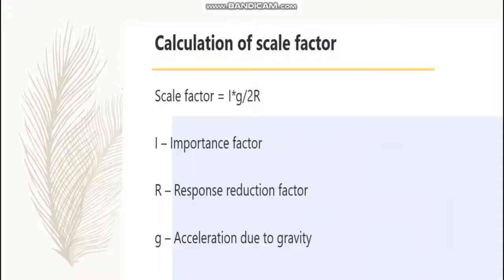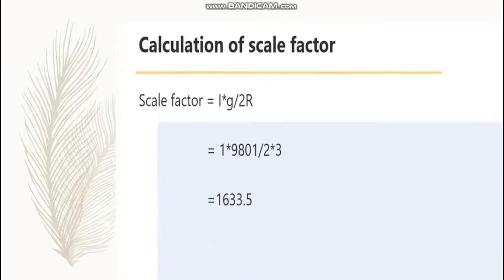Now coming to the scale factor. Here the scale factor formula has been given. You can see the calculation of the scale factor, and the value of the scale factor is as below, 1663.5.